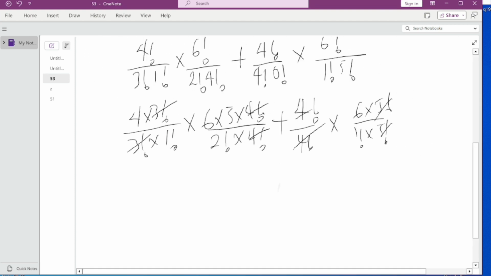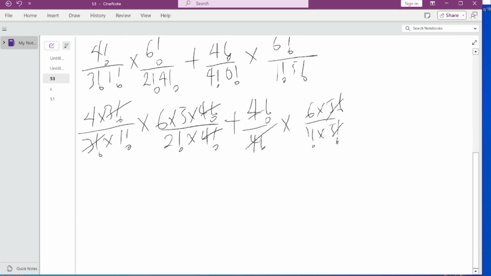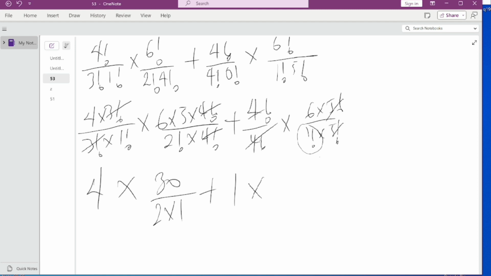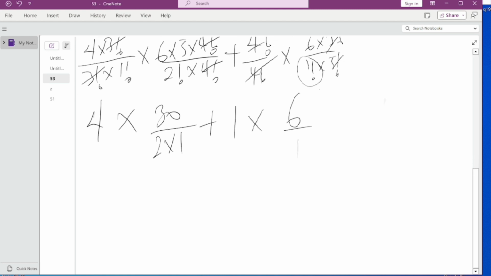On the next line, since 1 factorial is 1, this will be 4 times 6 times 5, that's 30, over 2 factorial, which is 2 times 1, plus 1, with 4 factorial canceling 4 factorial, times 6 over 1.